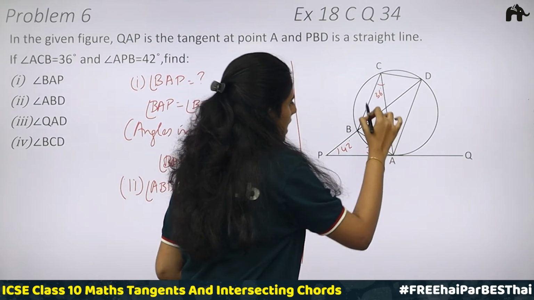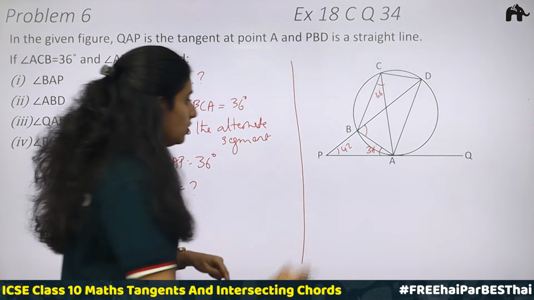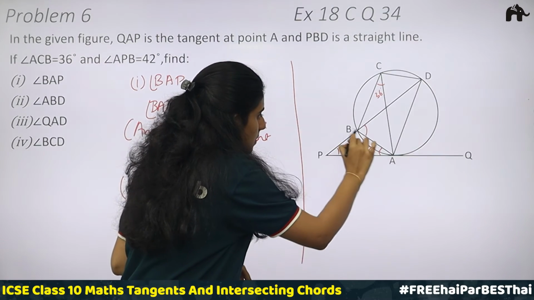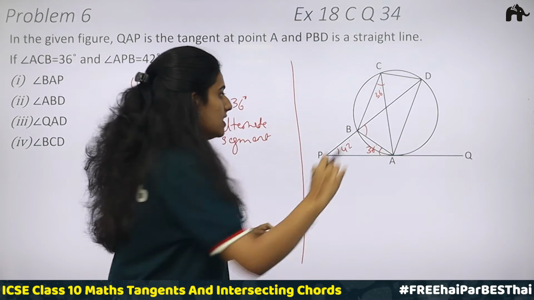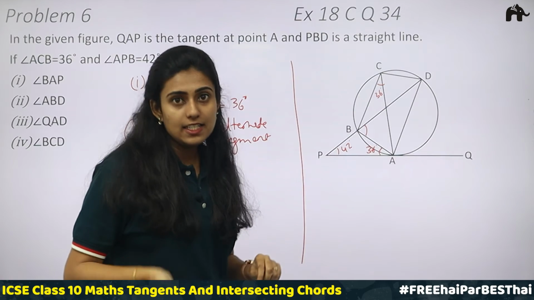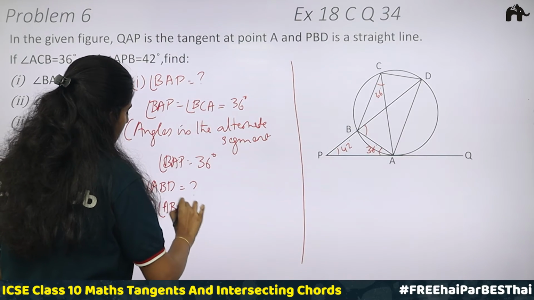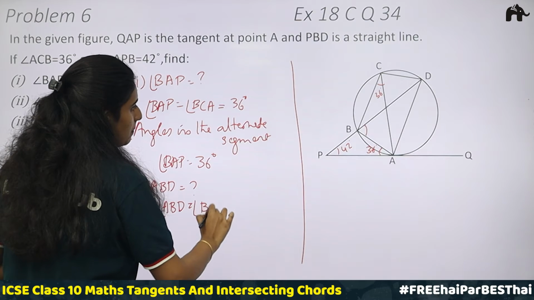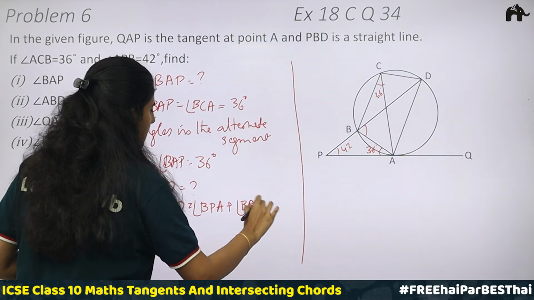This angle. When you take this triangle PBA, ABD is an exterior angle. The exterior angle is the sum of the opposite interior angles. Therefore, we will be having angle ABD equal to angle BPA plus angle BAP.